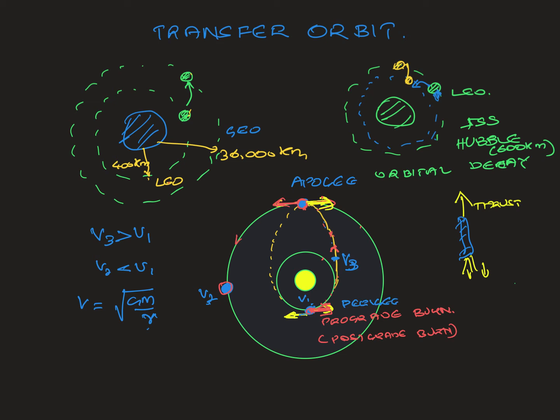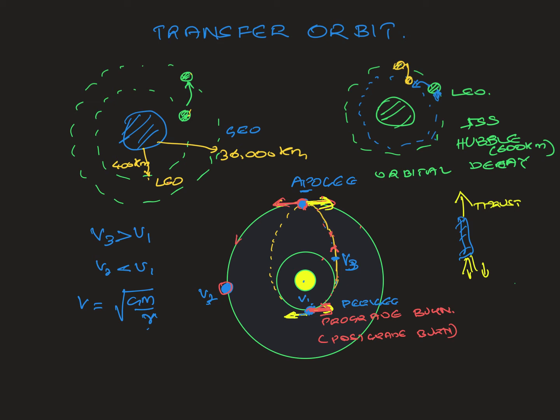Perigee is a point that is closer to the Earth. If Earth is the one focus in the ellipse, perigee is closer to the focus where the Earth is, and apogee is far away from Earth. At perigee, we give a prograde burn, and because of that, the velocity is increased.